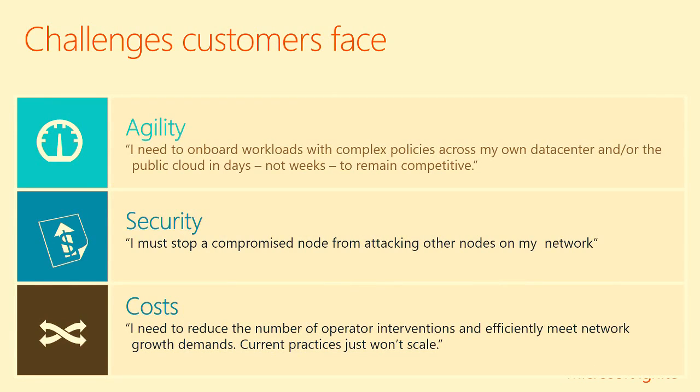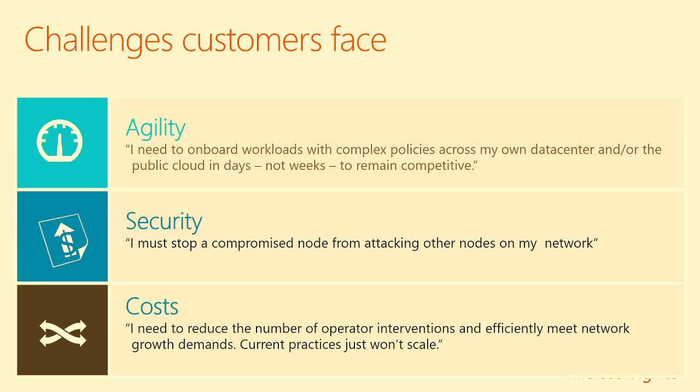What customers really face in the field is that anytime somebody wants to deploy a new app, they have to go through configuration changes, and it takes time. At the same time, those deployments have to be secure, and they have to reduce cost. These are the challenges customers face, and let's look at how Server 2016 SDN will help them achieve all three goals.